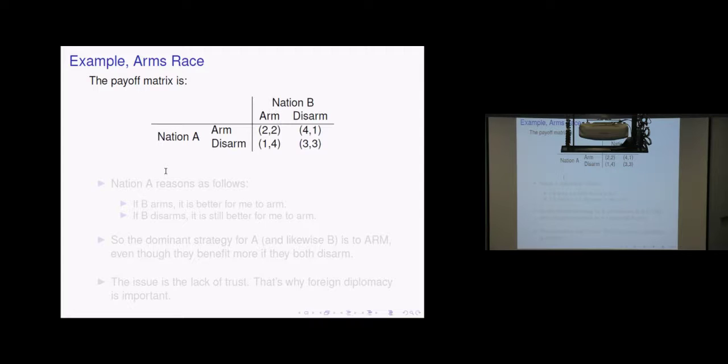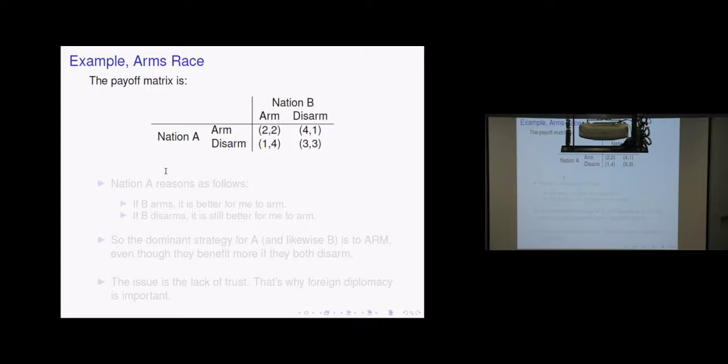The same happens in this situation. If nation A decides to disarm and nation B decides to arm, then nation B will get the advantage: he'll get 4, and nation A will get 1. Now, however, if both of them decide to disarm, actually they get a better reward, right?